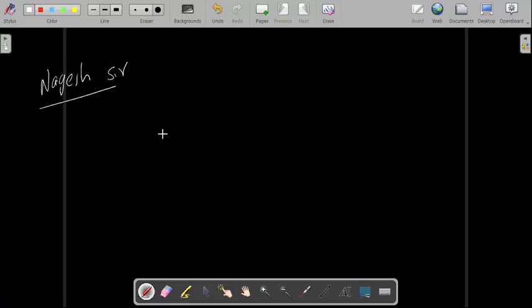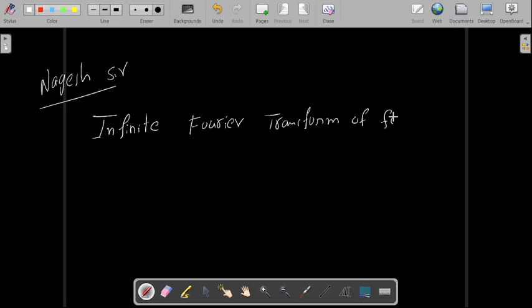So now, today I am going to discuss the topic. It is about the Fourier transform. We'll see first the infinite Fourier transform of f of x.